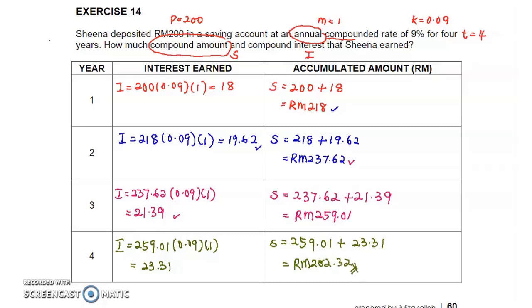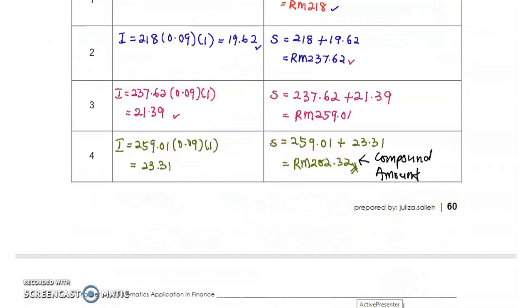So the value at the end of the fourth year, we call it the compound amount, value S. So S here equals 282.32. So what is the compound interest? Compound interest is the difference between the compound amount and the original principal.